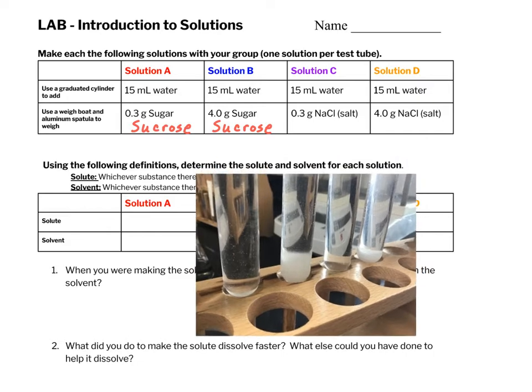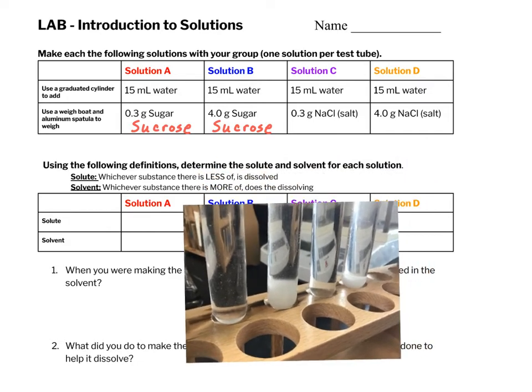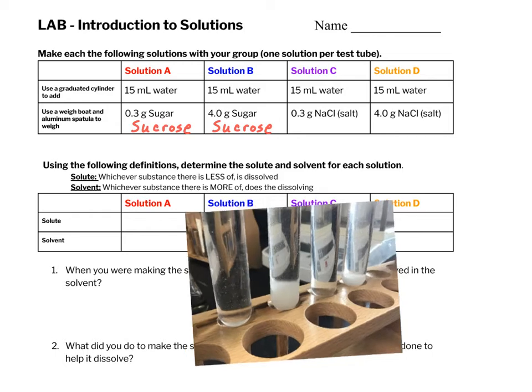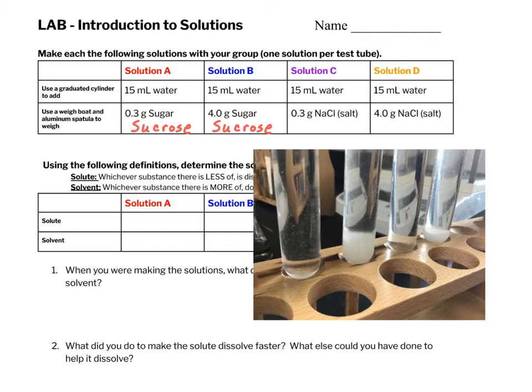Now, let's look at some questions here. Using the following definitions, solute and solvent. Solute, whichever substance there is less of, is dissolved. And for solvent, the substance where there's more of and does the dissolving. So in the case of solution A, the solute is sugar and the solvent is water.